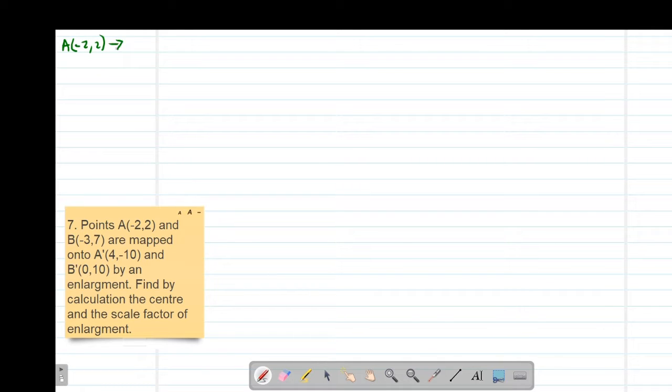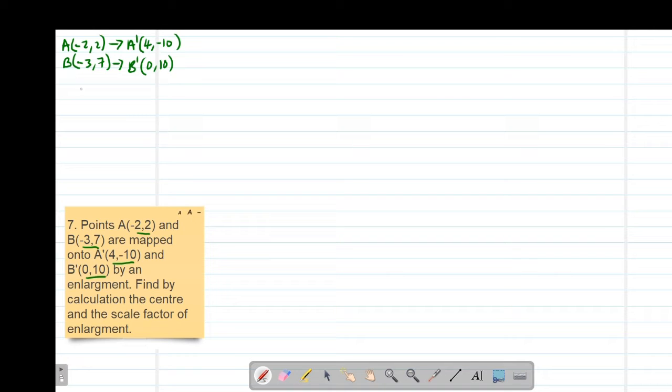Remember, A is being mapped to A prime, which is 4, -10. Then point B has the coordinate -3, 7, which is being mapped to B prime, which has the coordinates 0, 10.